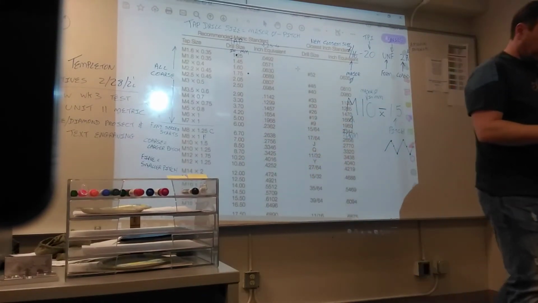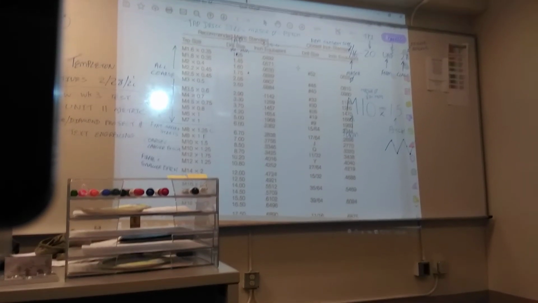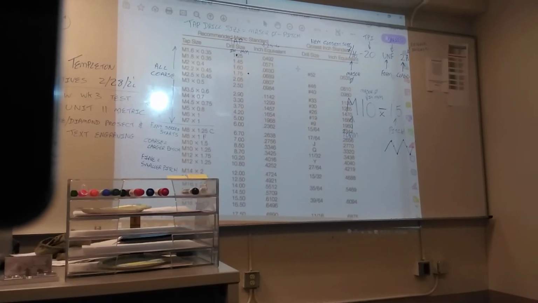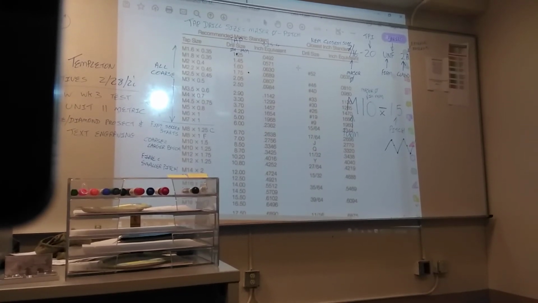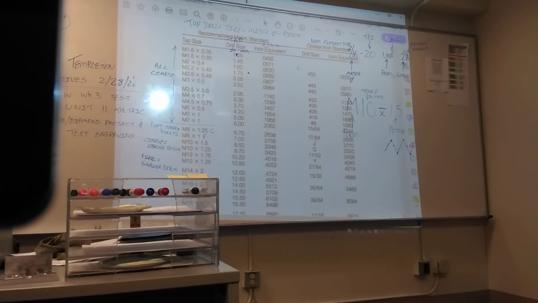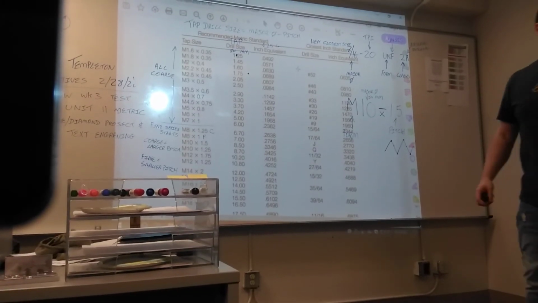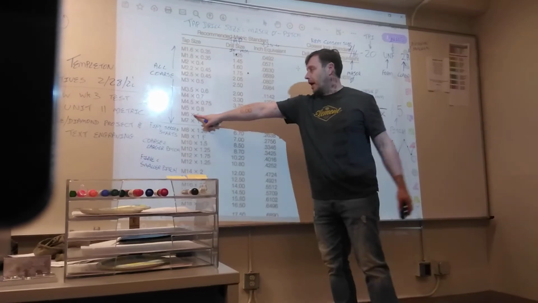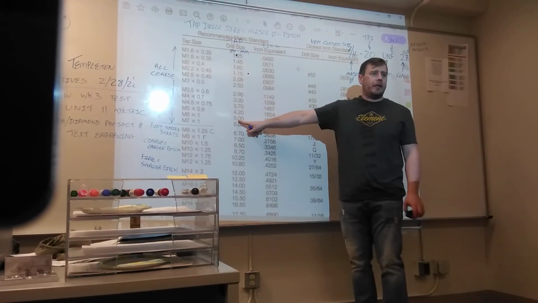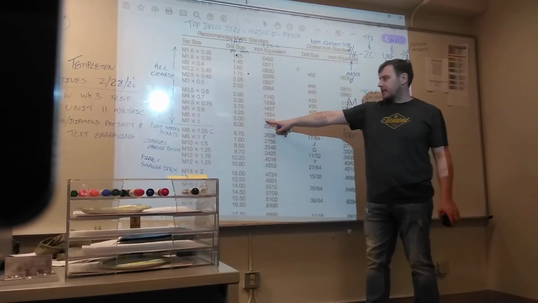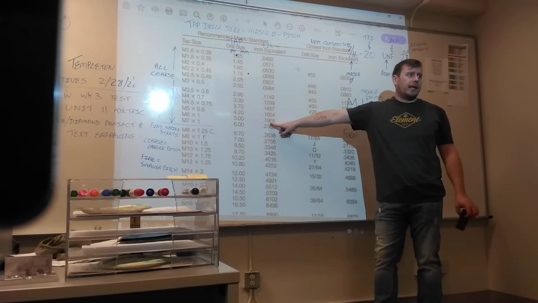Some shops will take on some special projects. The guy might say, okay, I want an M6 by 1 thread. You've got to buy the tap. You've got no choice about that. But you don't necessarily have to buy the tap drill. You can use an inch equivalent, right? If you were to do an M6 by 1, you should drill it 5 millimeters, which translates to 0.1968 in inches.